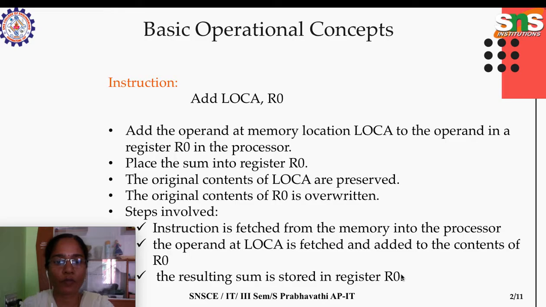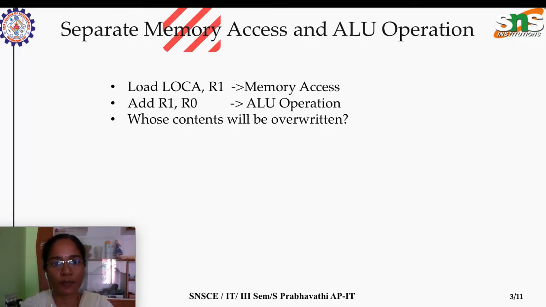Modern computer systems have split the above instruction into two instructions for performance reasons. How to increase the performance of a computer system, we will deal with in the forthcoming units. The two instructions are load and add, to perform that same operation.